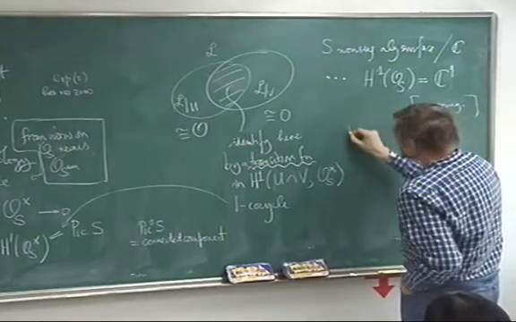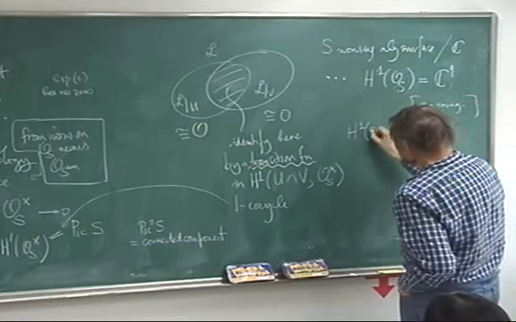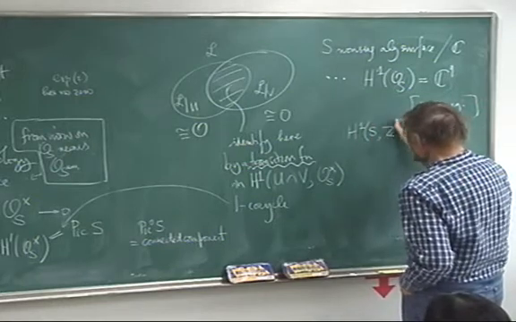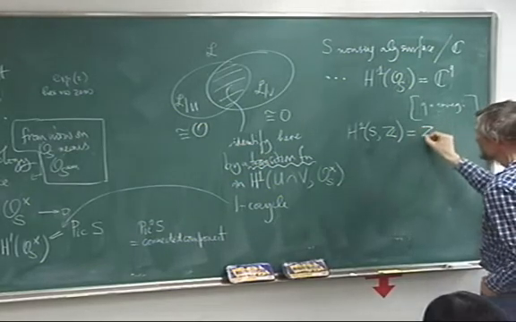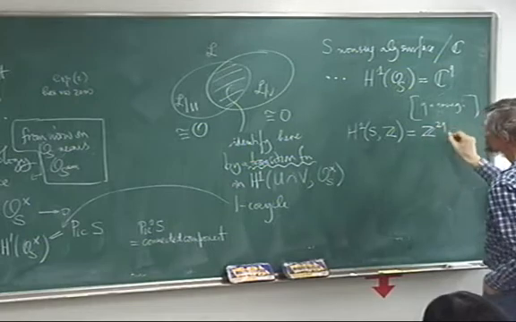Right? And H1 of S, Z, this is the topological first Betti number, this is Z to the 2q.